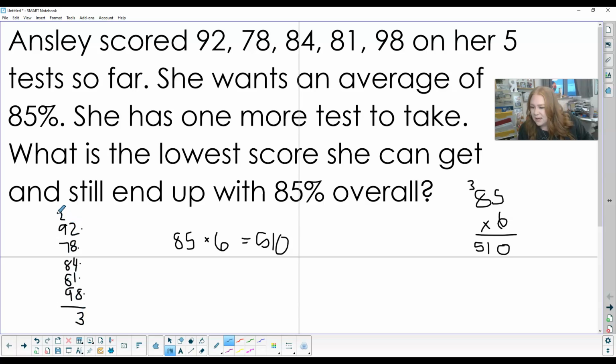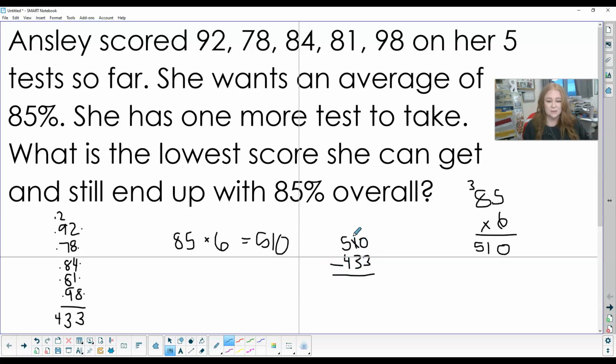And then here is 11, and 9 is 20, and 16 is 36, and 7 more is going to end in a 3. So 433. I need 510. So she needs 510 points to get 85. She has 433 after 5 tests.